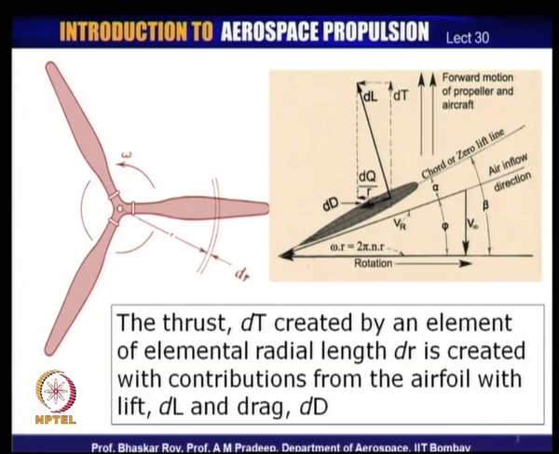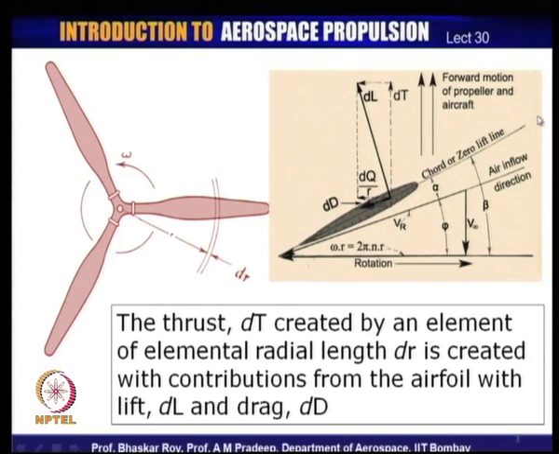Now, these are, as per the definitions of lift and drag, parallel and perpendicular to the flow direction, as a result of which the lift is in this direction, which is perpendicular to the flow direction, and drag is in this direction, which is parallel to the flow direction. Now, if you decompose the elemental lift dL and the elemental drag dD into two other directions, which is the direction of motion of the propeller and the aircraft together, and perpendicular to that, you get two forces.